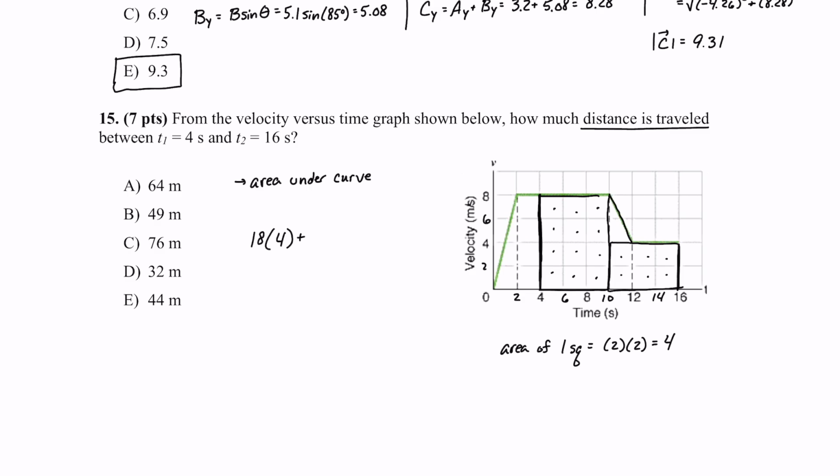And then we just need to find the area of that right triangle using 1/2 base times height. The base has a length of 2. The height has a length of 2 plus 2 gives us 4. And if I were to multiply all of this out, I'd get 76 meters for answer C.